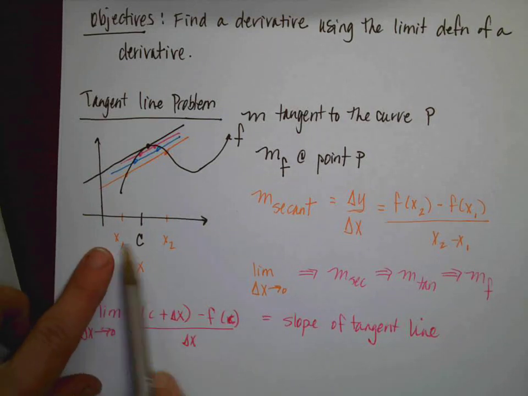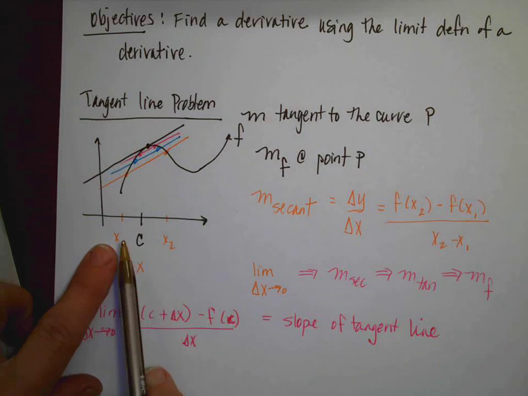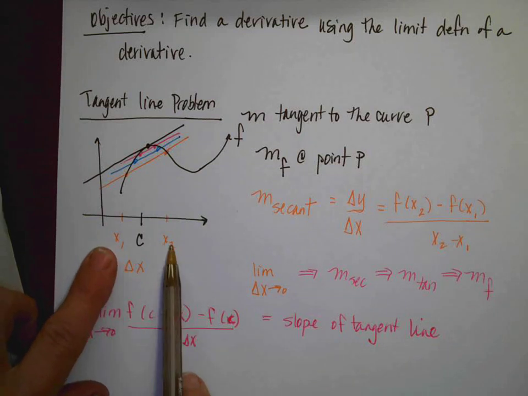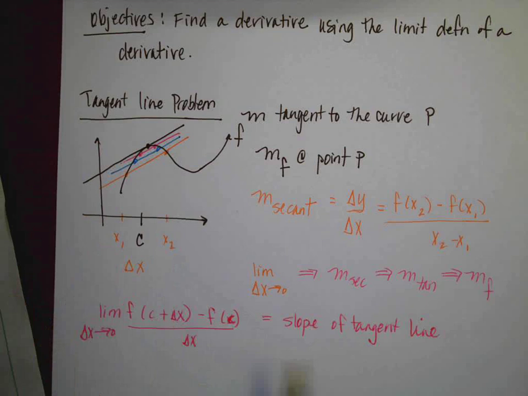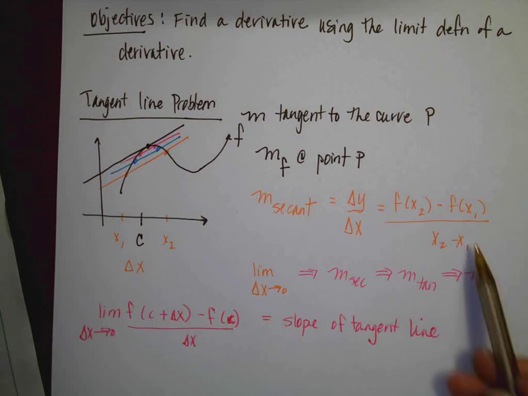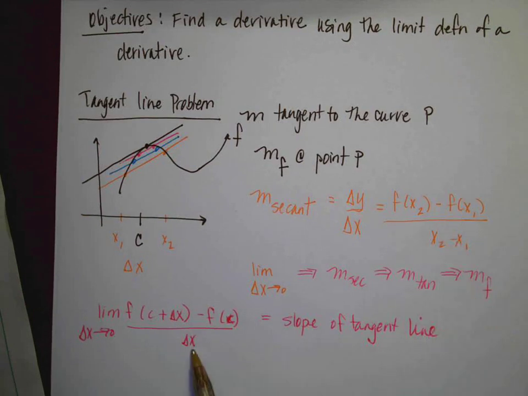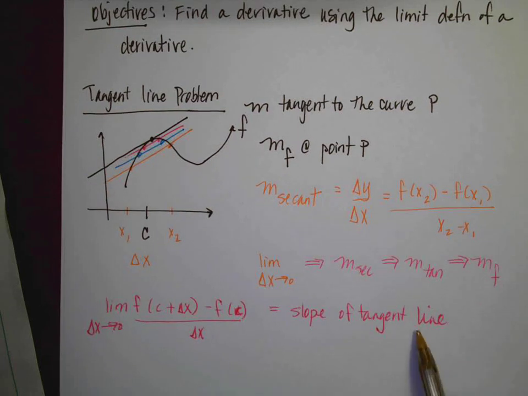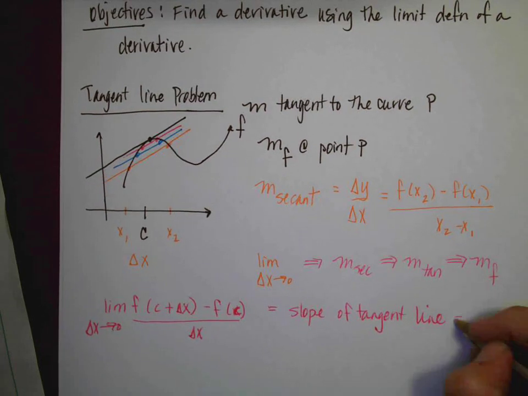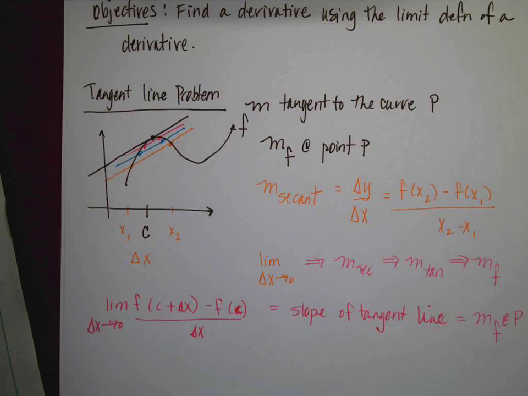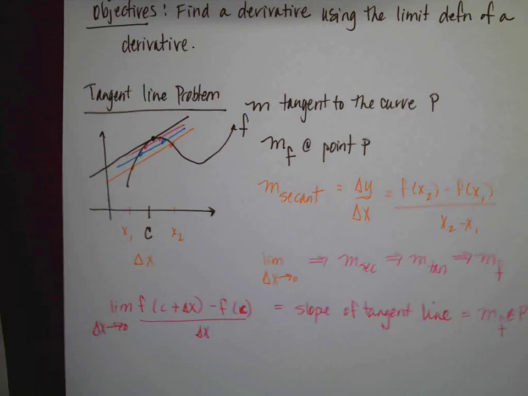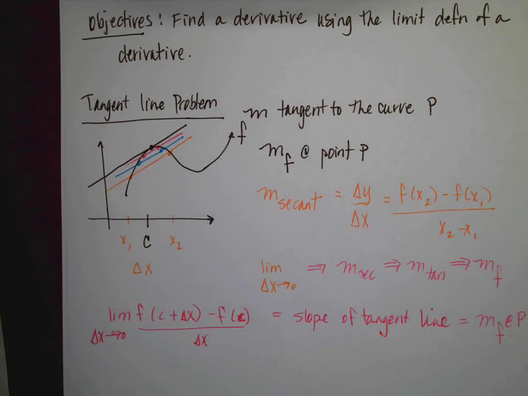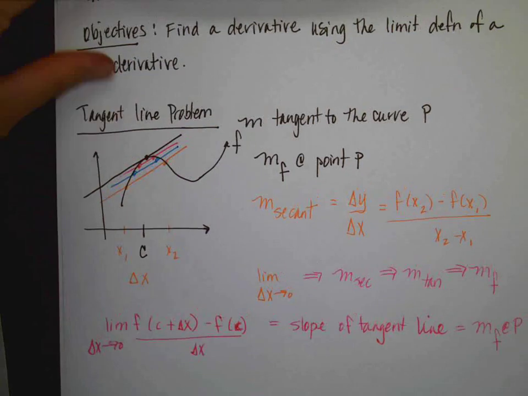So if I take the function plus delta x, subtract the original function, and then divide by delta x, I'm going to get the slope of the tangent line, which is the slope of the function at a specific point, because remember that the slope changes at every point along the curve.